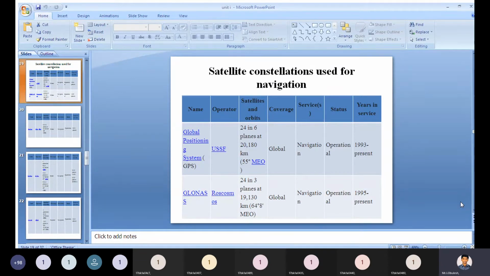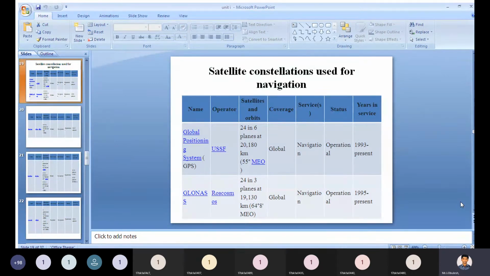The first and foremost one is the Global Positioning System, GPS. The operator name is USSF.